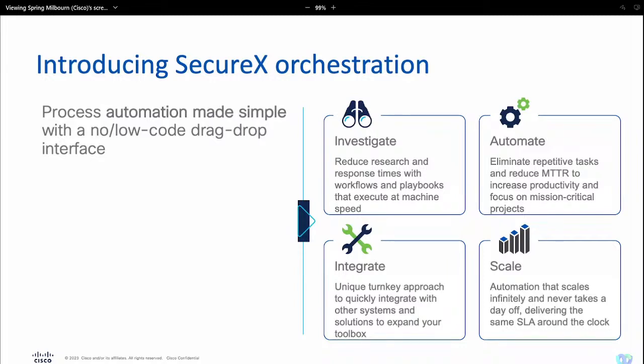We've been highlighting the integrations Cisco has and third-party systems to expand that security toolbox. Those automated responses will help reduce your mean time to respond and eliminate those repetitive tasks, allowing your team to focus on your mission-critical projects.